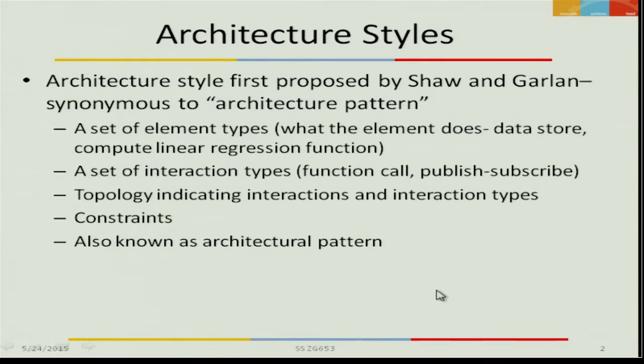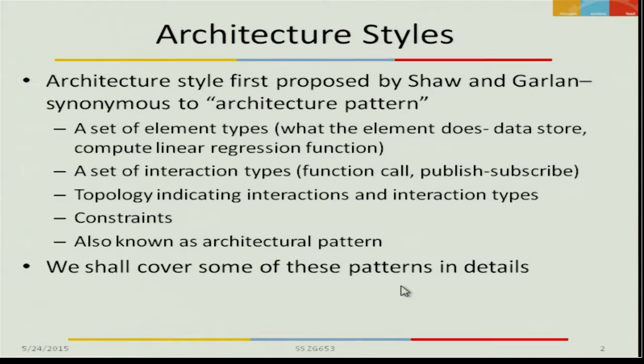This is also called, as I said earlier, an architectural pattern. So a style comprises a set of elements, interactions, their types, and the topology. We shall cover some of these patterns in detail in the subsequent lectures.